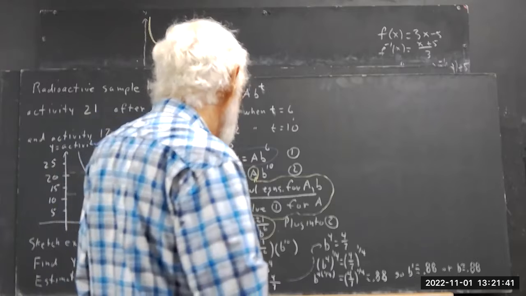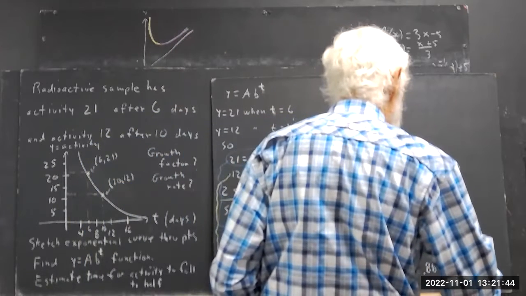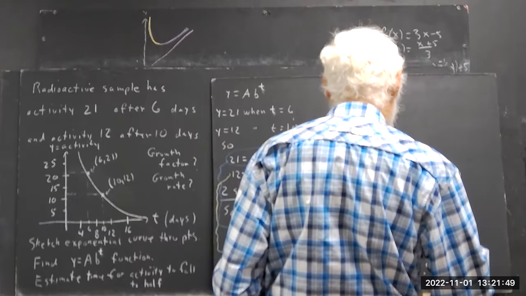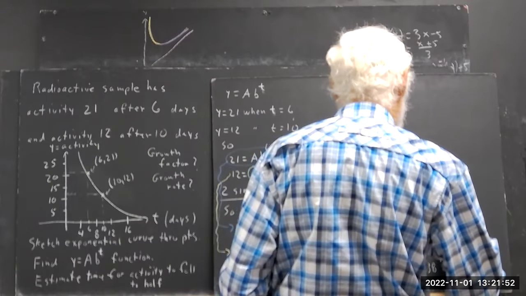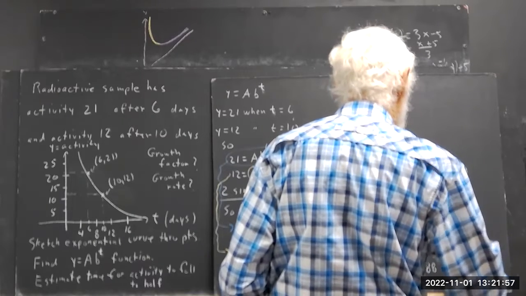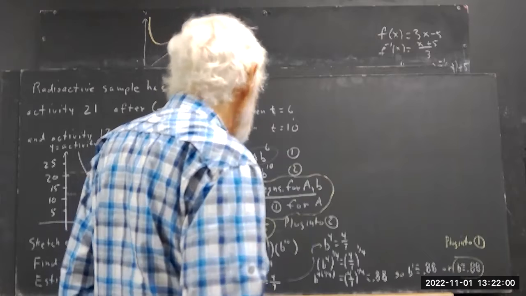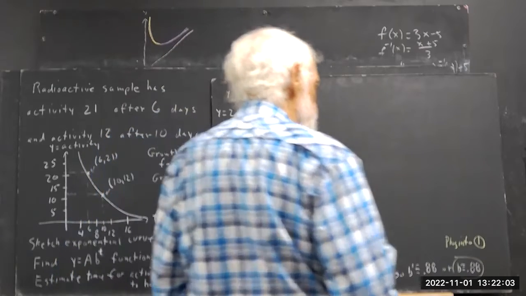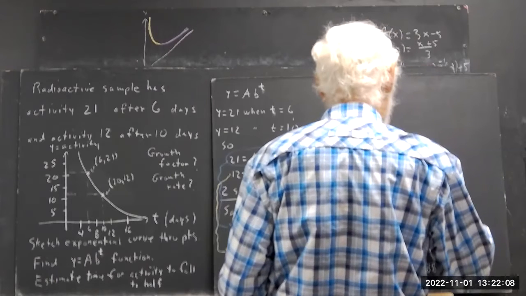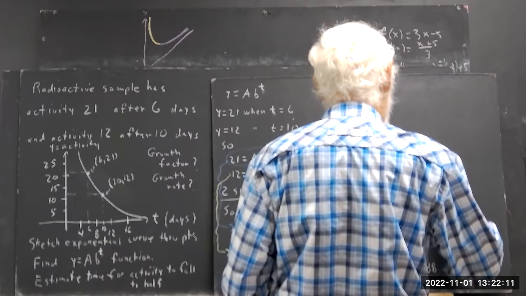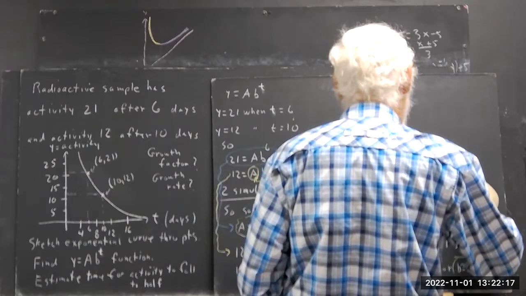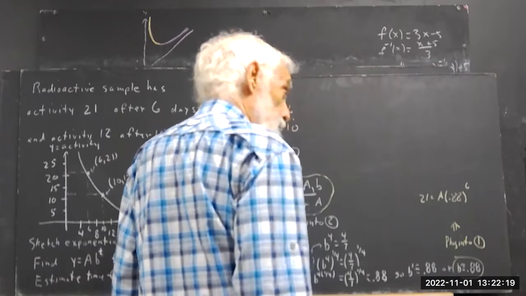But I'm going to go ahead and plug it into equation 1. And we're going to get 21 times 0.88 to the 6.